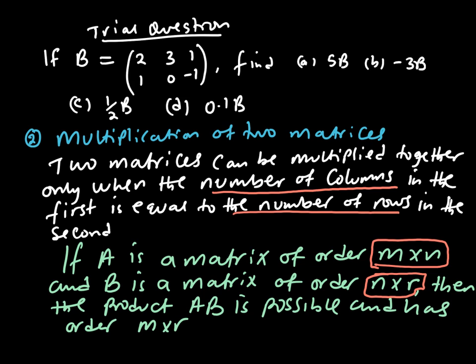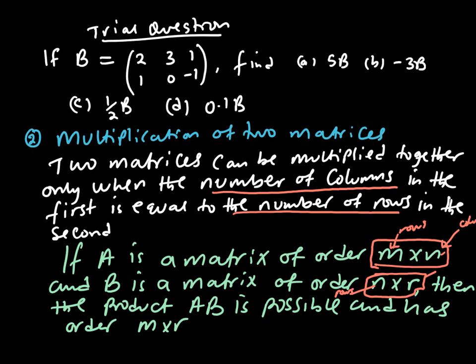Why are we saying the product AB is possible? In A, these are rows and these are columns. And in matrix B, these are rows and then columns. For you to be able to multiply two matrices, the number of columns in the first matrix must be exactly equal to the number of rows in the second.